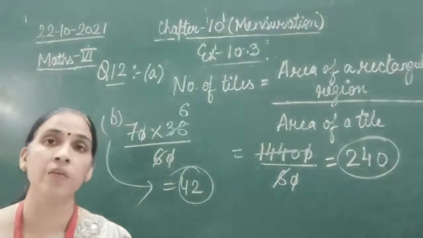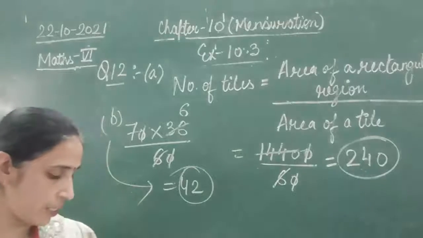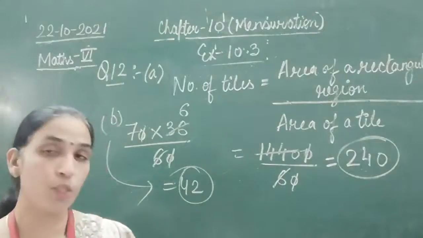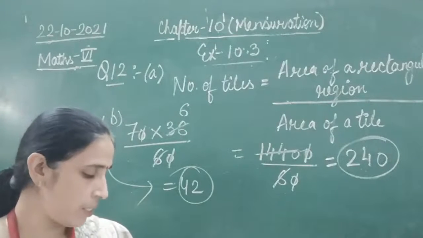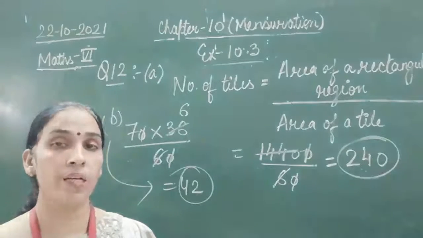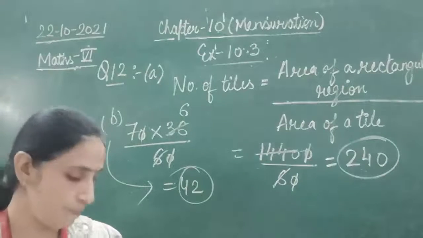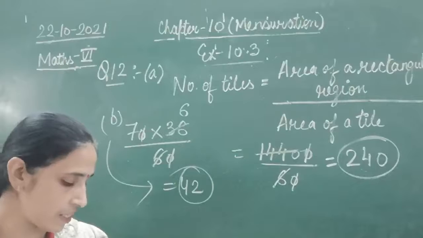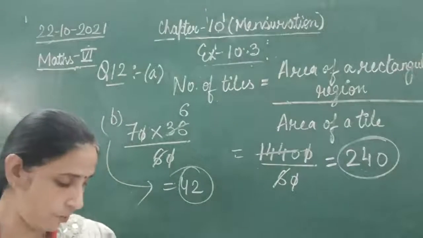After that we have a small challenge also. A challenge, what is there? On a centimeter square paper, make as many rectangles as you can, such that the area of a rectangle is 16 centimeter square. Which rectangle has the greatest perimeter? Which rectangle has the least perimeter?